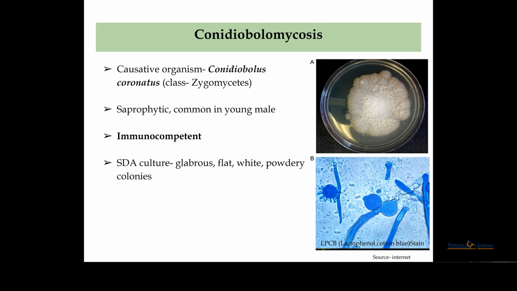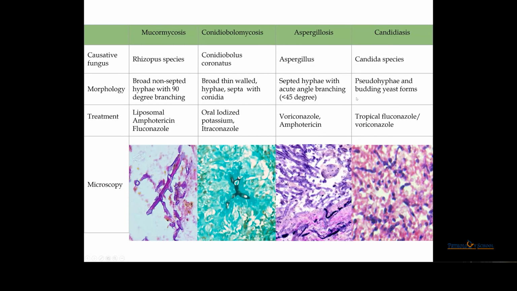A few words about conidiobolomycosis. It is caused by the Conidiobolus fungus, usually seen in young, immunocompetent males, and on Sabouraud dextrose agar the colonies are glabrous, flat, white, and powdery. As a pathologist, dealing with post-COVID fungal infection and classifying the fungus is a task.